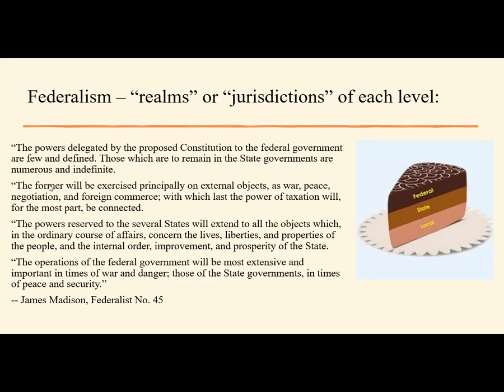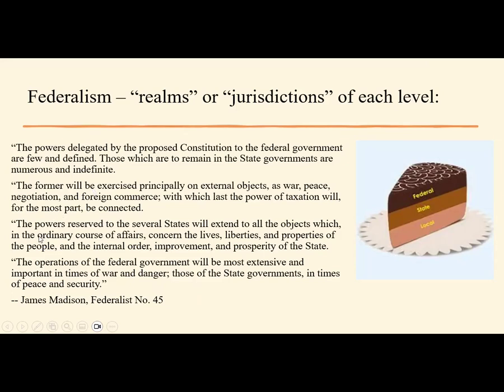The former, referring to the national government, will be exercised principally on external objects, so matters of national concern, such as war, peace, negotiation, and foreign commerce, with which the last power of taxation will, for the most part, be connected. So the business of the national government are national and international affairs. So they are few and defined.